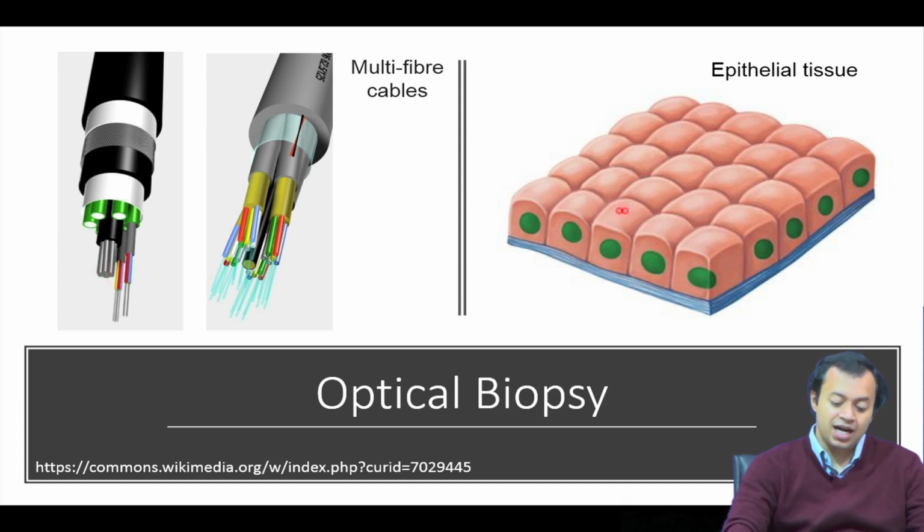The scattered light that comes from here will be collected, or a part of it will be collected by this separate tube. Remember, this is multi-fiber, with more optical fibers together, and a part of it will then be returned back through this in the same zigzag manner, which will then be analyzed.